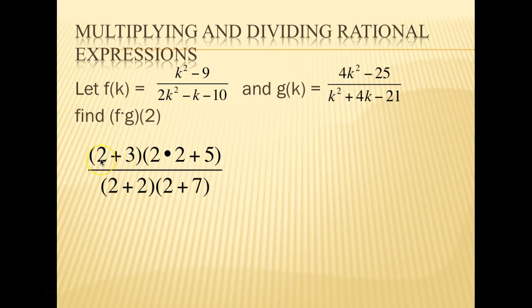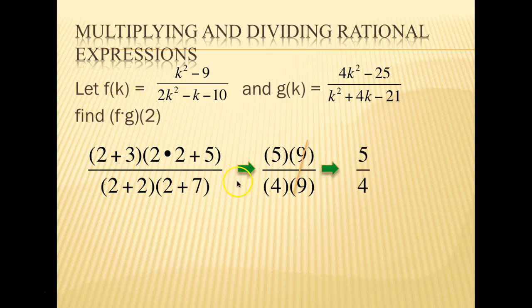And we had, if you remember, the simplified answer was x plus 3, 2x plus 5 over x plus 2 times x plus 7. So we plugged in our 2 for our x, and simplify this. So f times g of 2 equals 5/4.